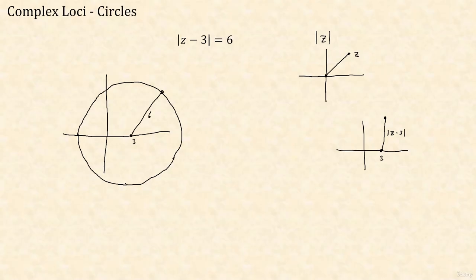Here's a complex number, and the modulus of z minus 3, that's the distance to the point 3, is 6. So this is a circle with centre 3, that is the real number 3, and radius of 6. If you wanted to write that in Cartesian form, that's going to be x minus 3 squared plus y squared equals 6 squared. So it's centred at the point 3, 0 and has a radius of 6.